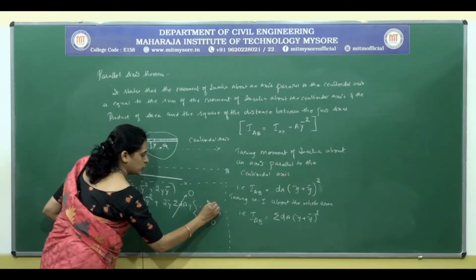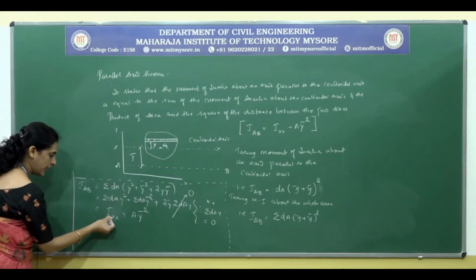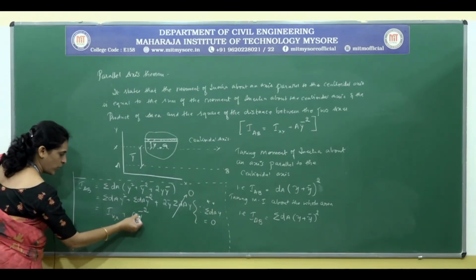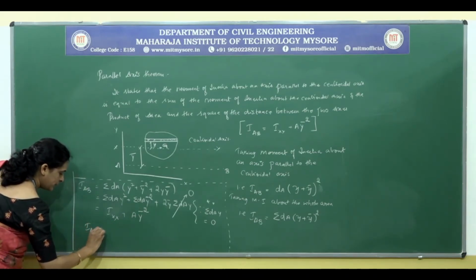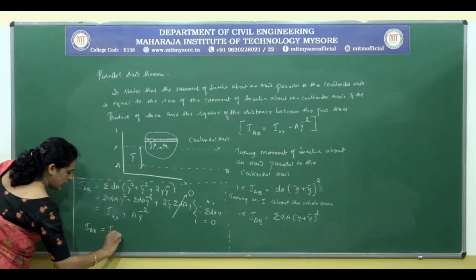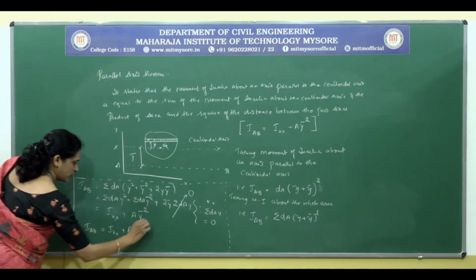So, this has to be noted. Then we have Ixx plus A y bar square. Therefore, I_AB is equal to Ixx plus A y bar square.